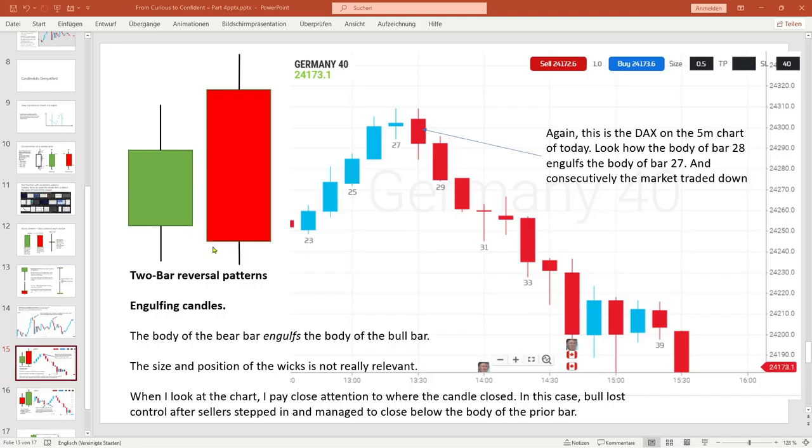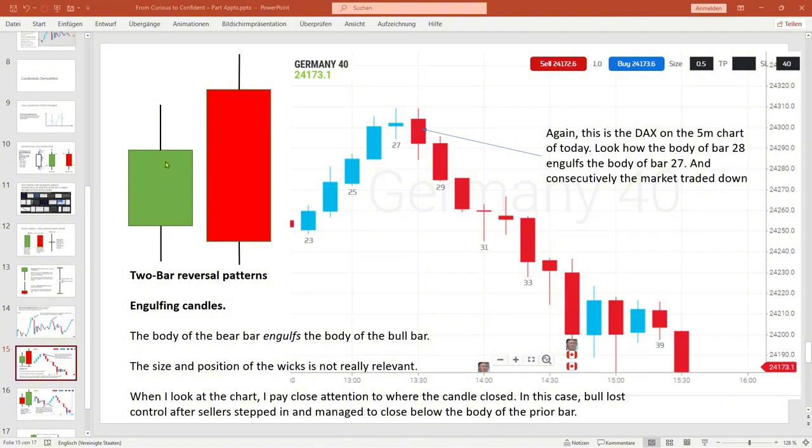That just means the body is wrapping around, engulfing the body of the previous bar, right? That also can indicate a reversal. Reversal just means it went up and then it goes down, or it went down and then it goes up, right?